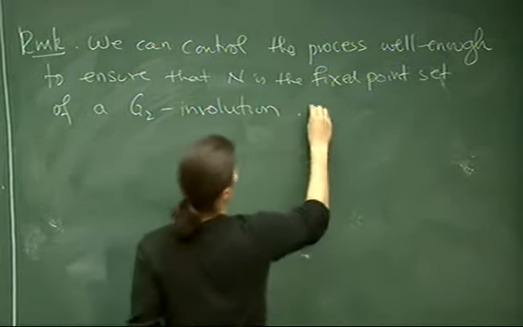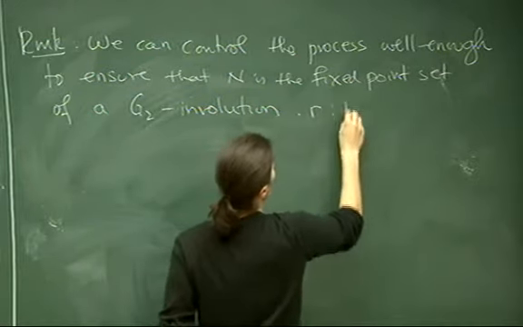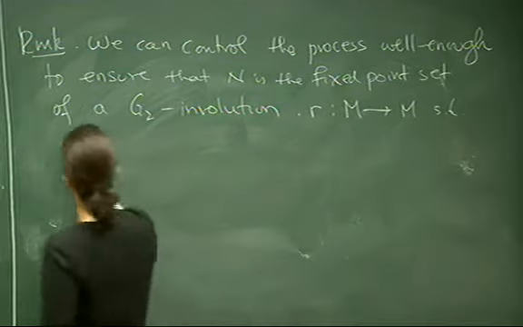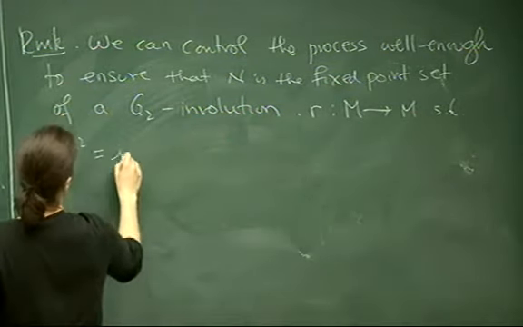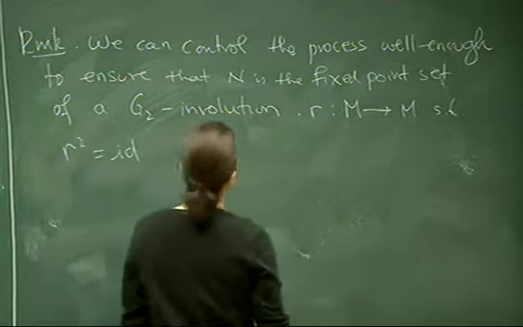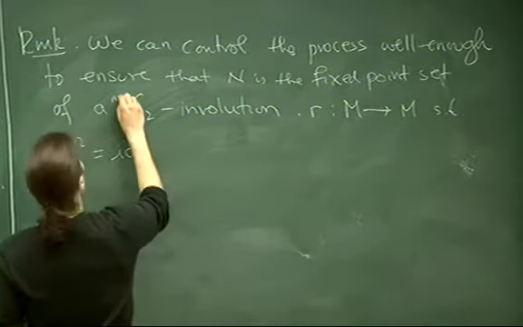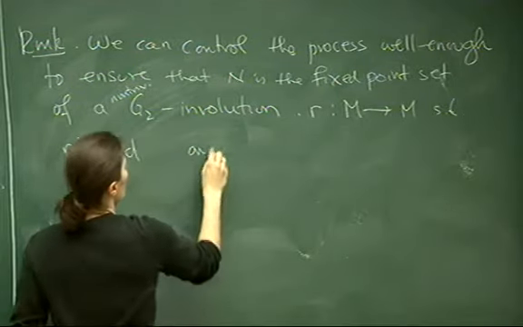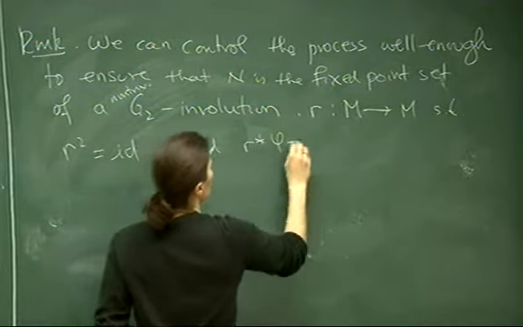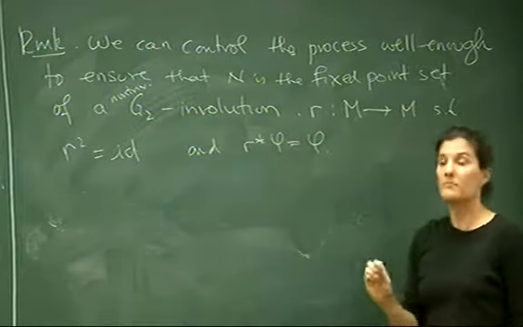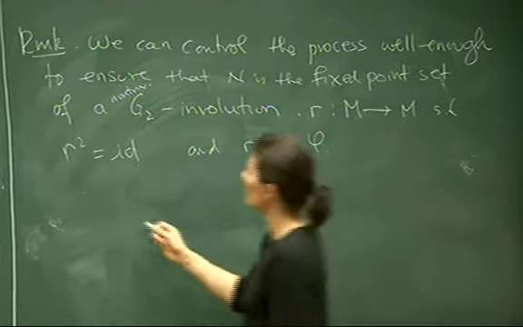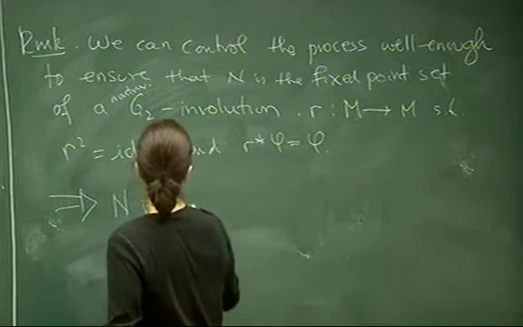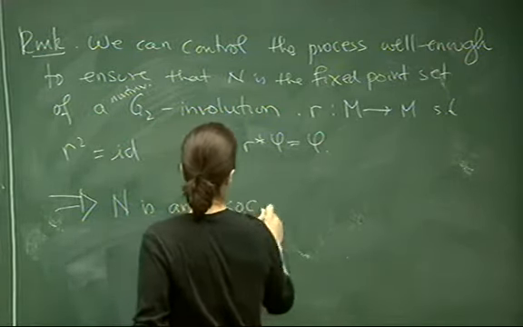Now let me say what that is. That G2 involution will be a map from M into itself such that as an involution, the square is the identity, non-trivial. G2 involution: the square is the identity, and phi is invariant under pullback. Okay. This automatically implies that N is an associative submanifold.